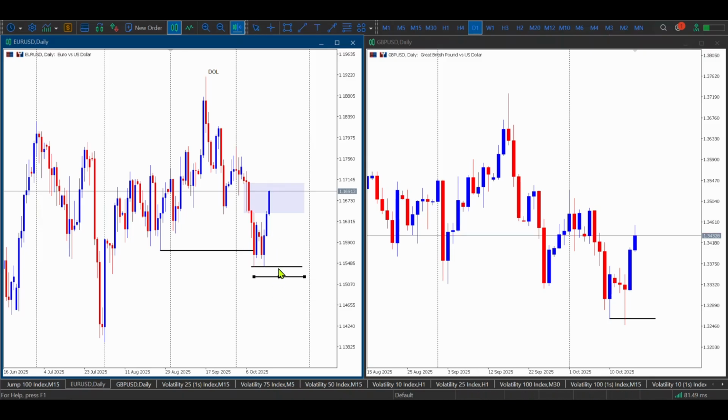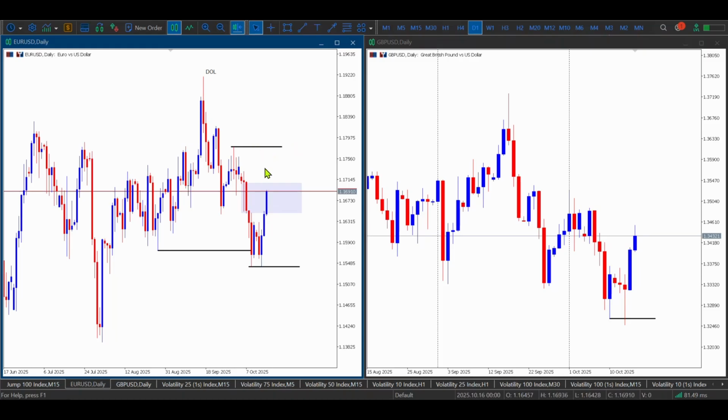Next liquidity will be above this guy here, this old daily high. If we close aggressively above, this shaded area is going to act as support, taking price up to this next liquidity pool, resting above this old daily high right here.